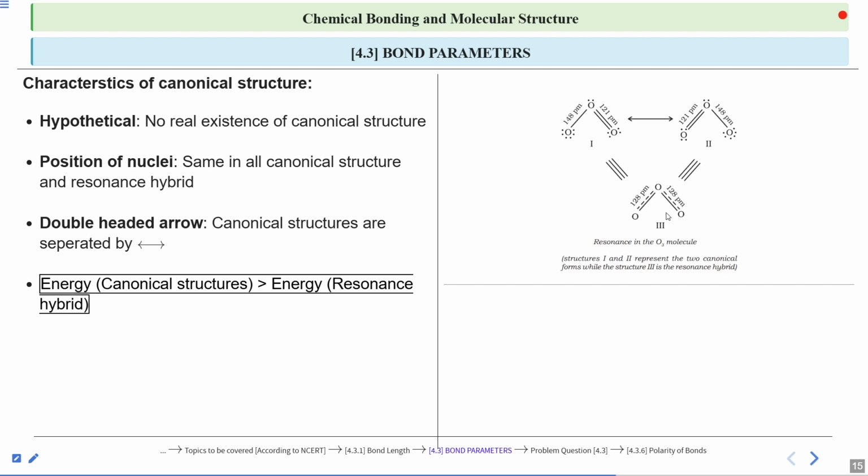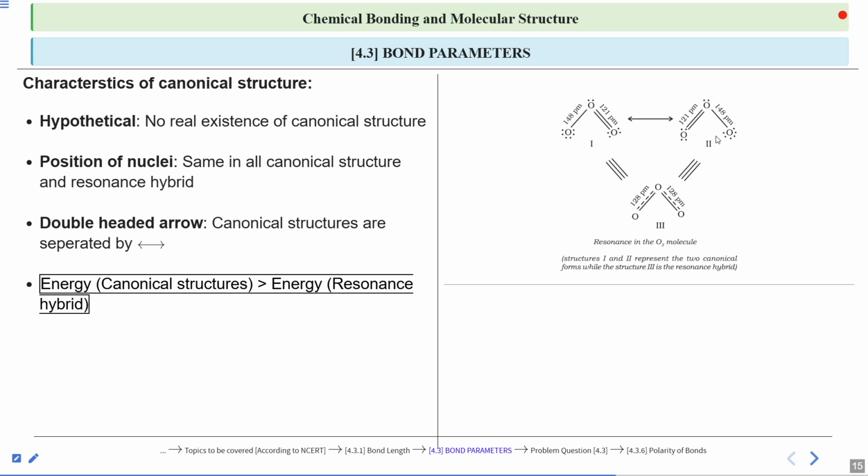Yes, the third one will have the lowest energy because it is the resonance hybrid. Whereas structures 1 and 2 will have higher energy as compared to the hybrid one. So it's very, very important to remember this point.